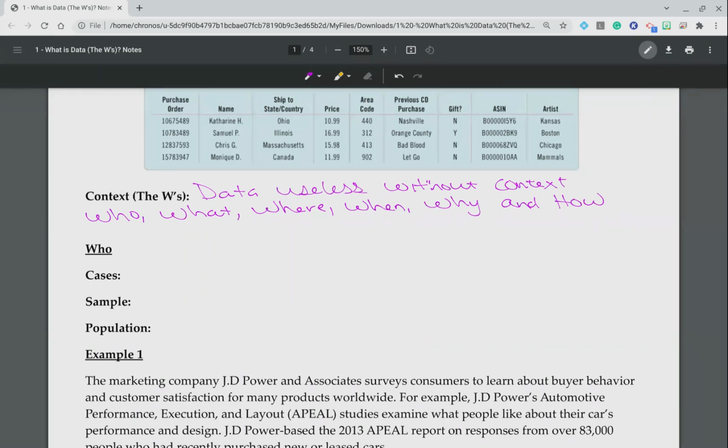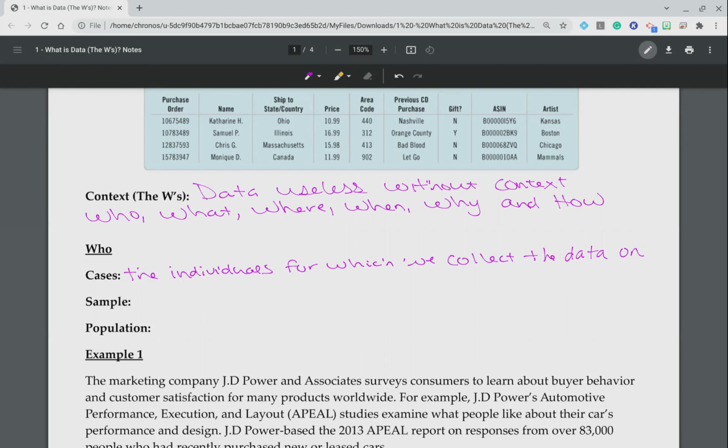So when we say the cases, that's the individuals for which we collect the data on. All right, so if we look at the blue table above again, individuals shopping at this particular store would be the cases.